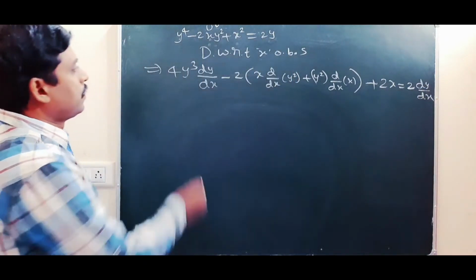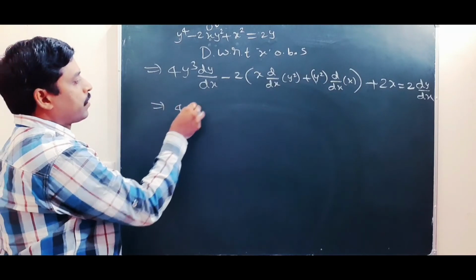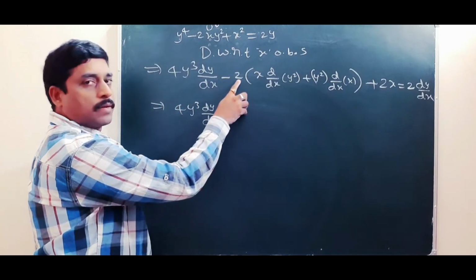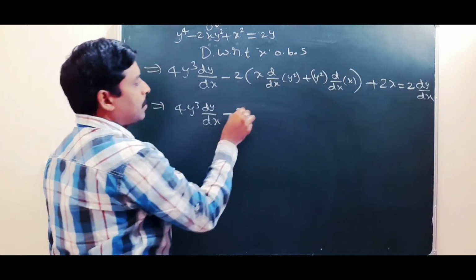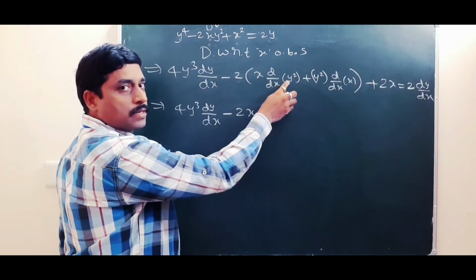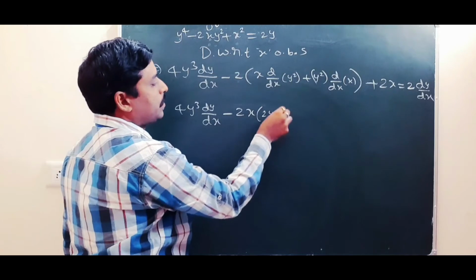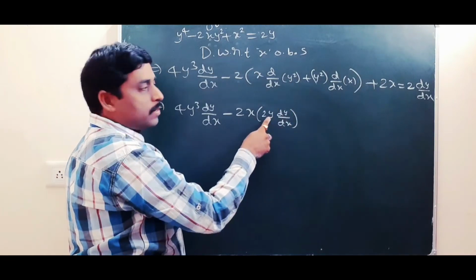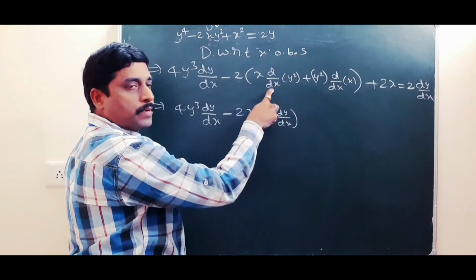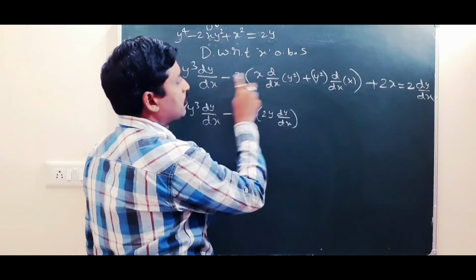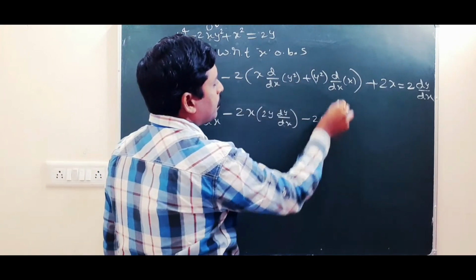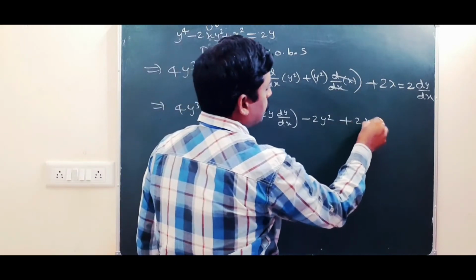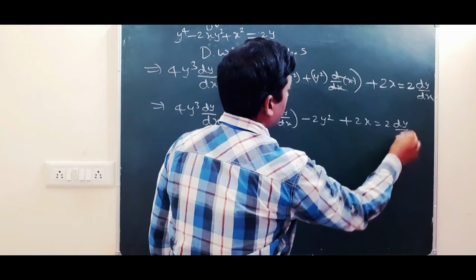This value will be 4y cube dy by dx minus 2x times differentiation of y square, 2y into dy by dx. So minus 2y square, the dx gets cancelled, plus 2x is equal to 2 dy by dx.